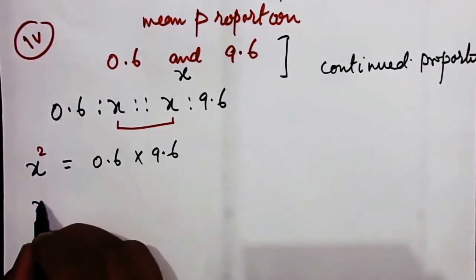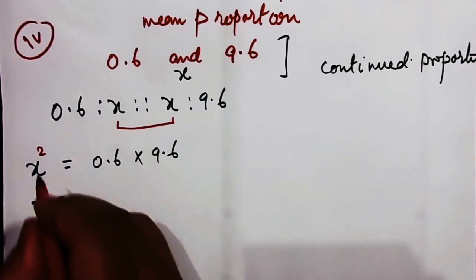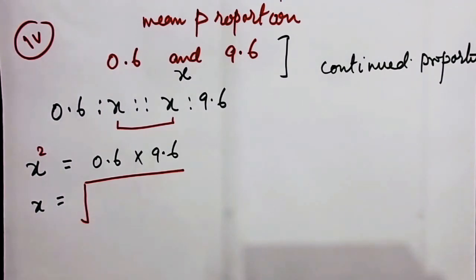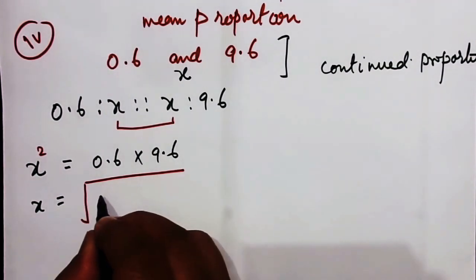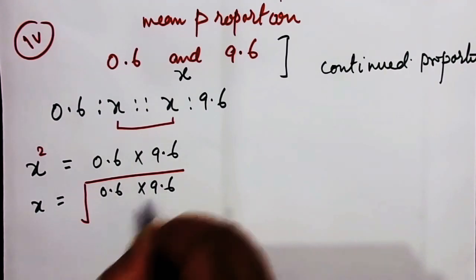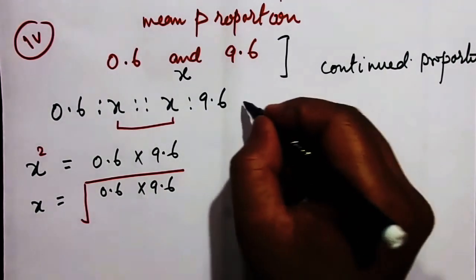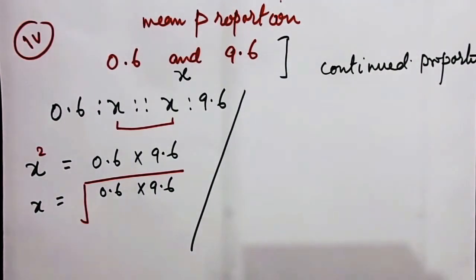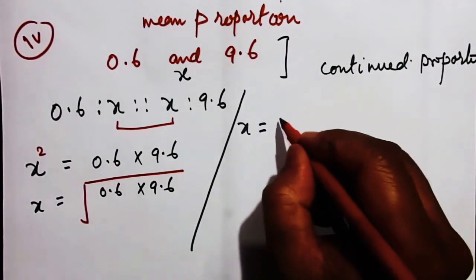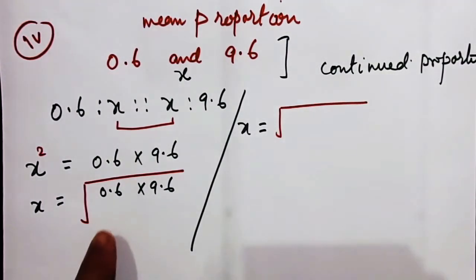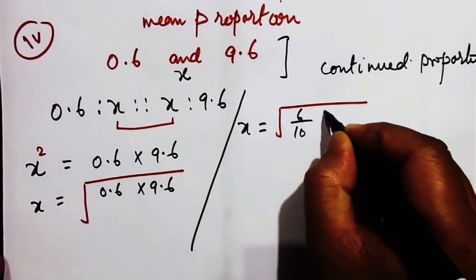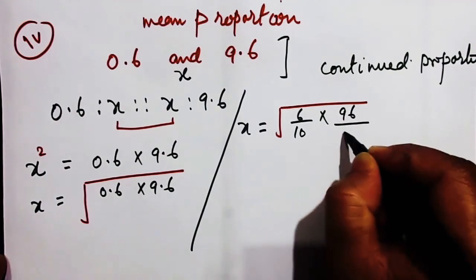Therefore the value of x will be equal to, this square moves on to the right hand side and becomes a root. Therefore x is the square root of 0.6 into 9.6, which is the square root of 6 by 10 into 96 by 10.